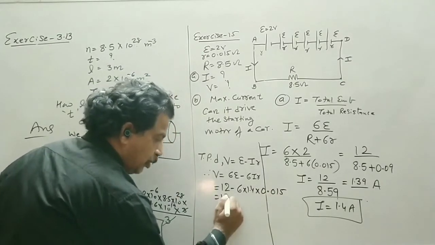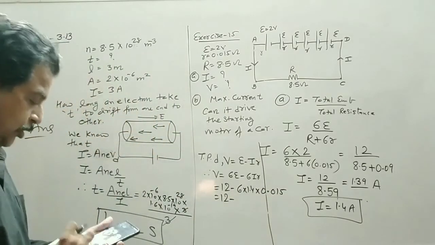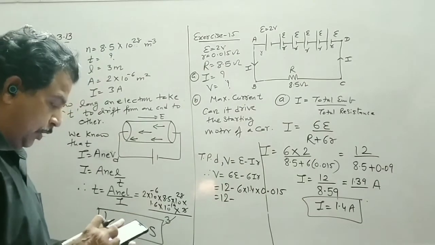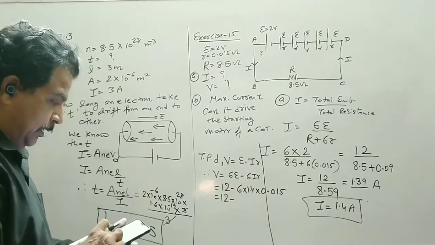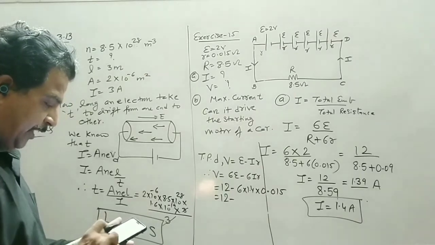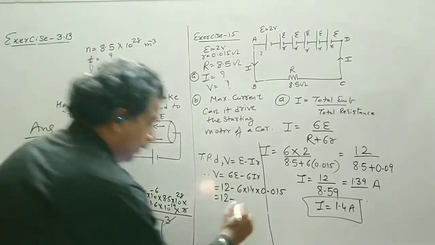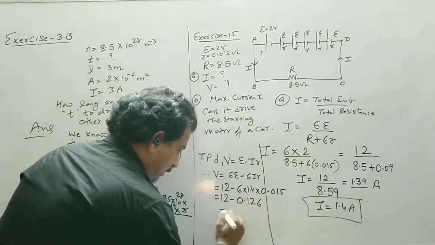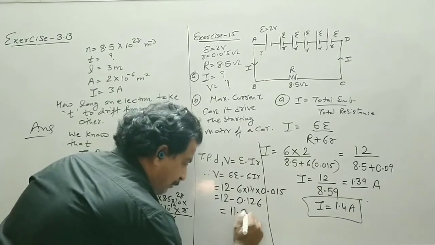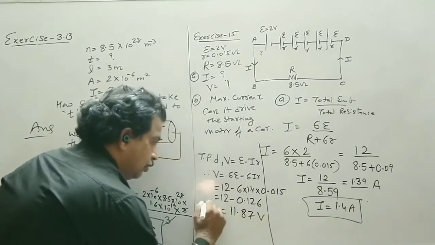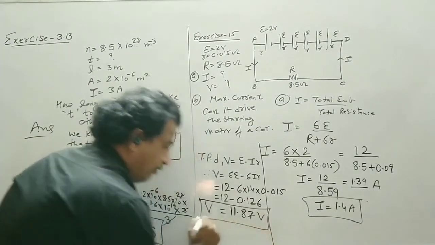So this is equal to 12 minus, let us do this calculation, 6 into 1.4 into 0.015, that is 0.126. 12 minus this value comes out to be 11.87 volt. So this is the terminal potential difference.